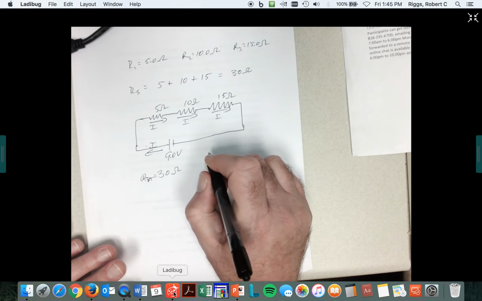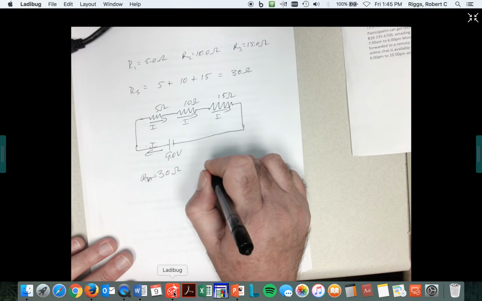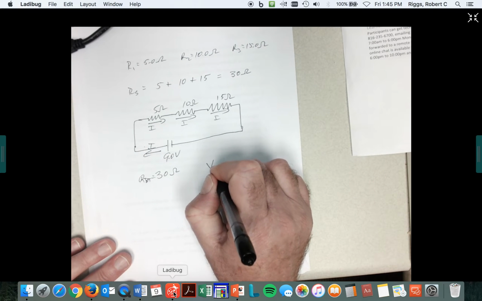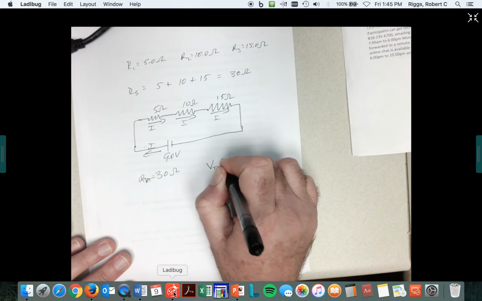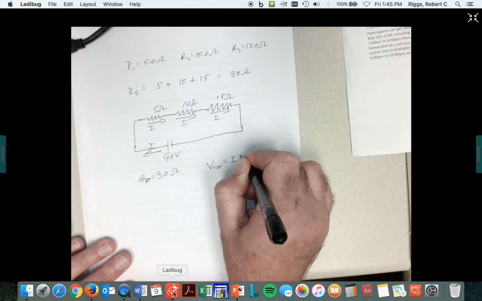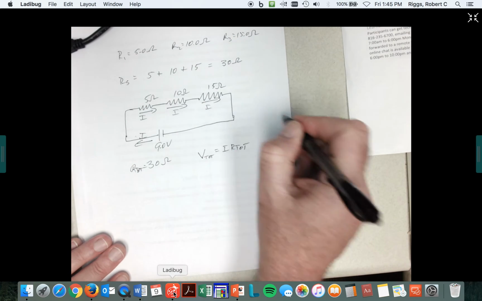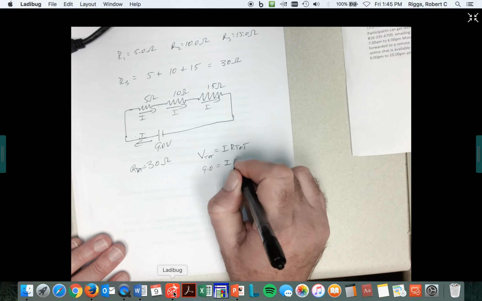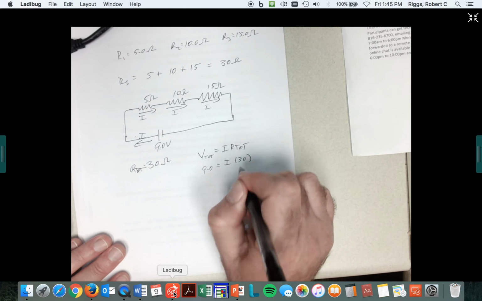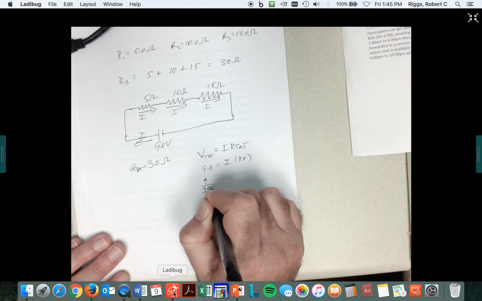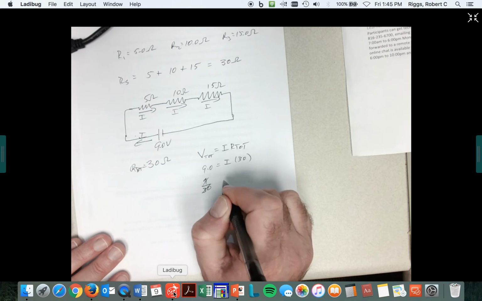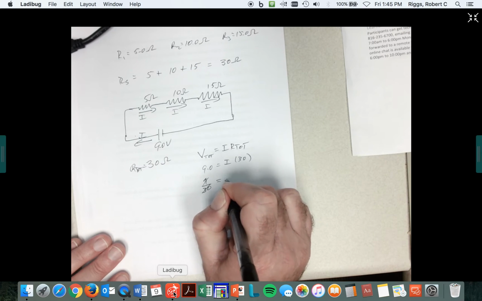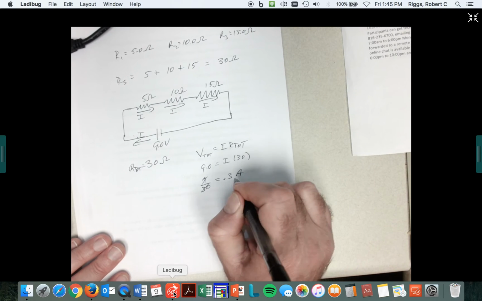I know that V total is equal to I times R total, because the I stays the same all the way through. So 9 volts is equal to I times 30. That becomes 9 over 30, which is 3 tenths, 0.3 amps.